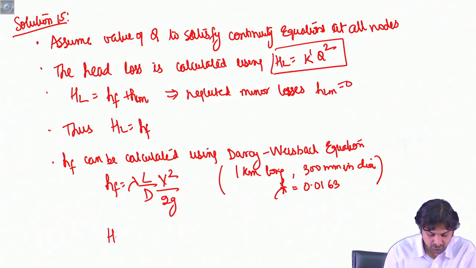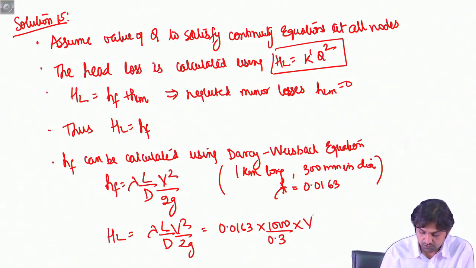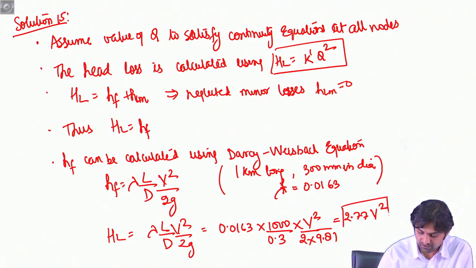So, the total head loss is lambda L by D V square by 2G. So, let us put the values. Lambda is 0.0163 into length is 1000 meters, diameter is 0.3 meters into V square by 2 into 9.81. All right. Now, the next step. If we do this, we are going to get 2.77 V square, all right, the HL.